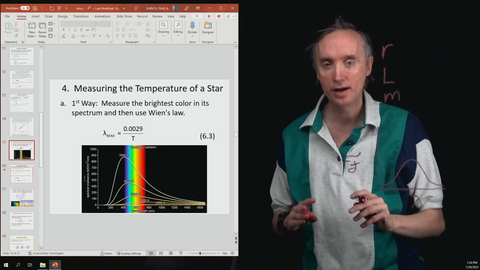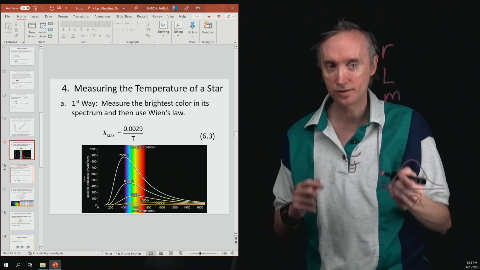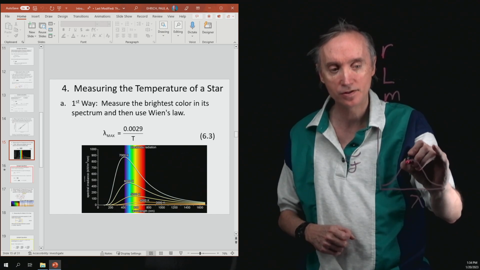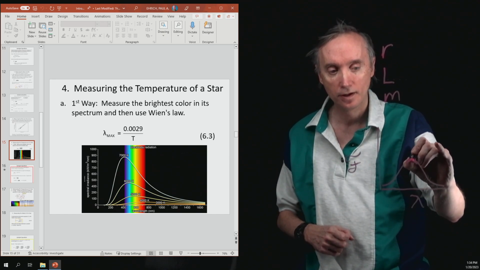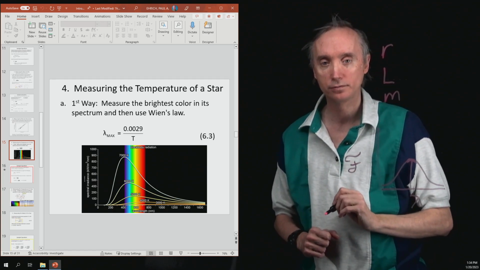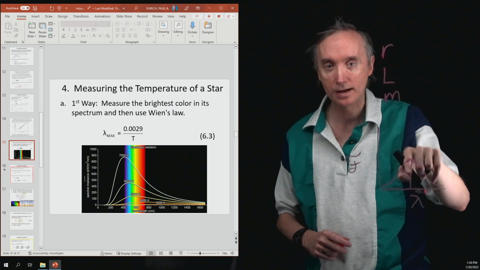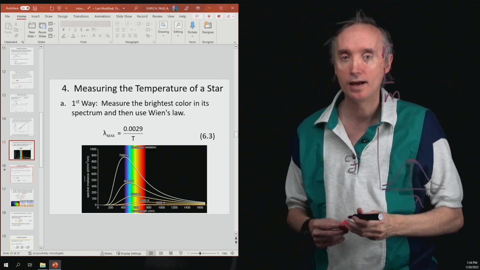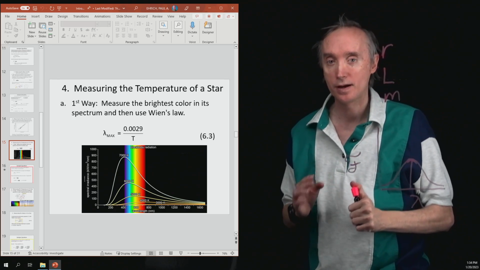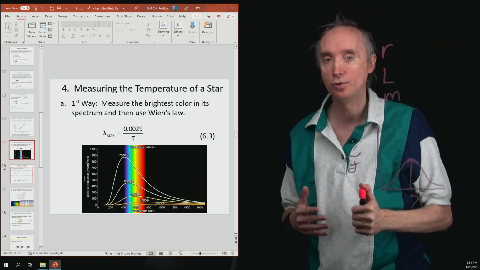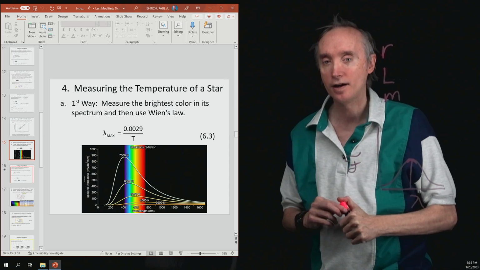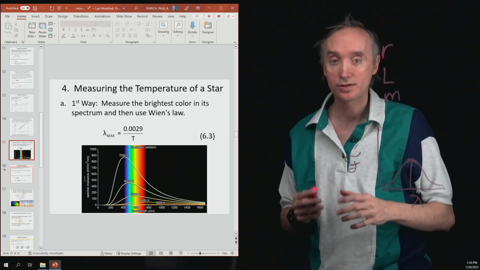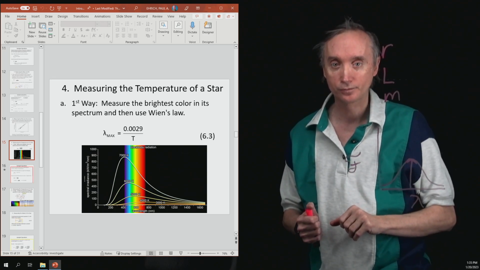And then it turned out that for a particular temperature, the black body would have its maximum value at a certain wavelength. So we called that the maximum wavelength, lambda maximum. And so we had this formula that said that the maximum wavelength is equal to 0.0029 divided by the temperature in Kelvin. And then that would be the temperature of that black body.